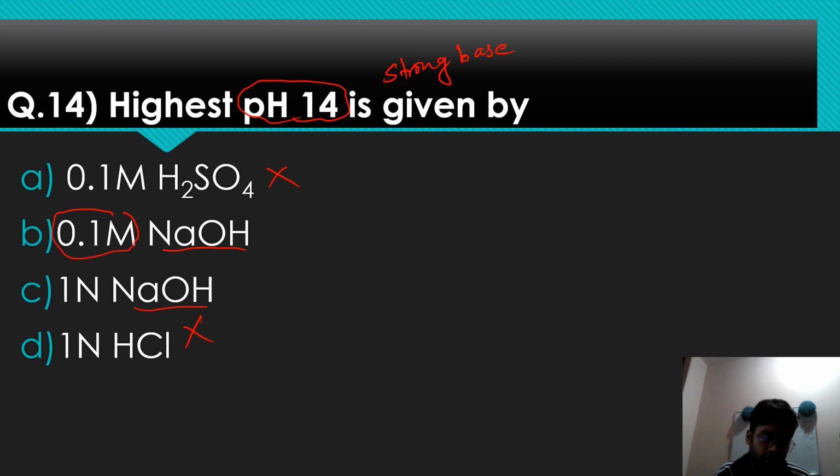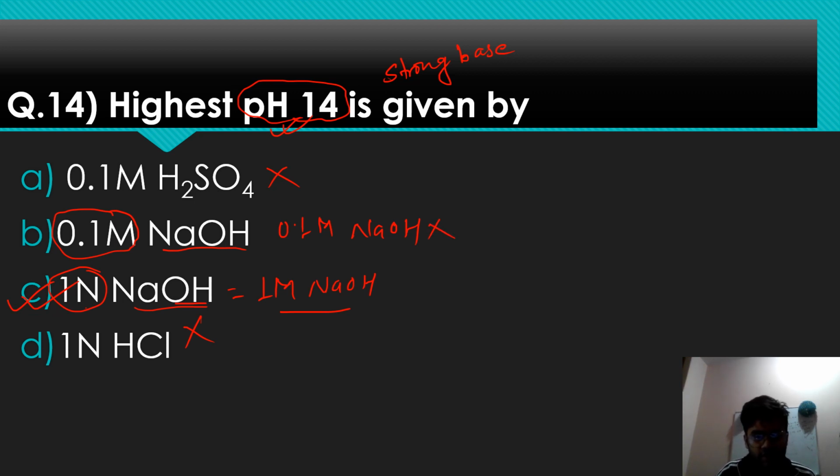One NaOH has 0.1 molarity and another is 1 normality. It means 1 molar NaOH is the higher concentration than 0.1 molar NaOH. So you can say that the pH of 1 molar NaOH is nearly equal to 14. So the right answer is C, that is 1 normality NaOH.